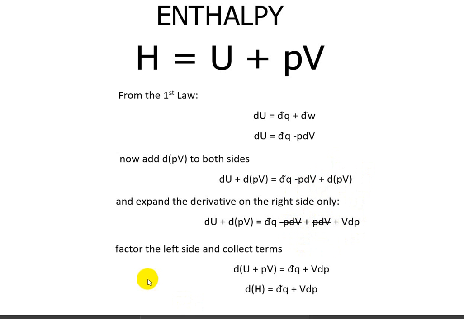Next, I can factor the term on the left-hand side: dU plus d(PV) is the same as the derivative of U plus PV. Collect the terms on the right, and then change to my definition, which is H equals U plus PV. So then I have that the change in enthalpy, H, is equal to the change in heat plus volume times the change in pressure.